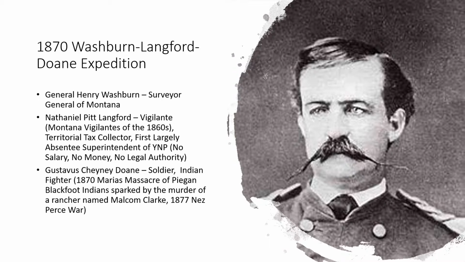This picture here is of Gustavus Cheney Doane. He was a soldier assigned to Fort Ellis in Montana, and he wanted to make a name for himself as an explorer.